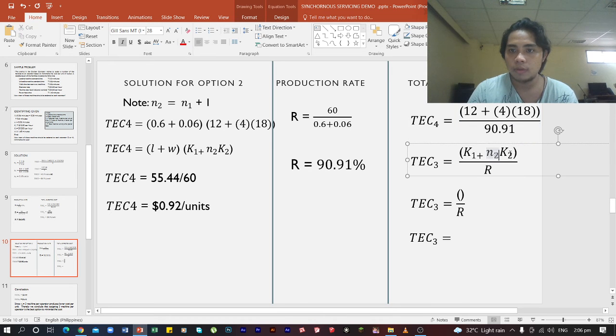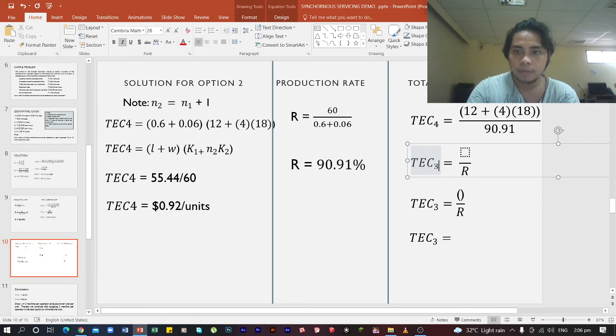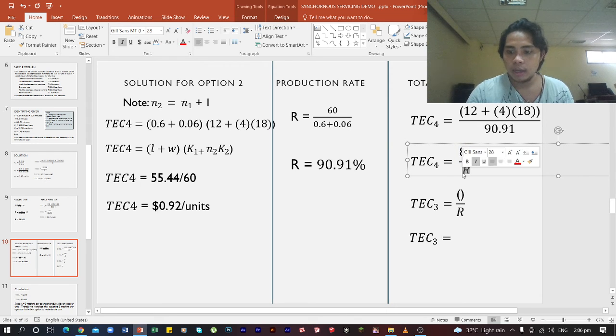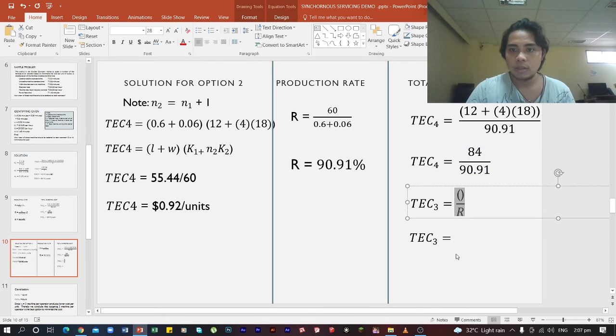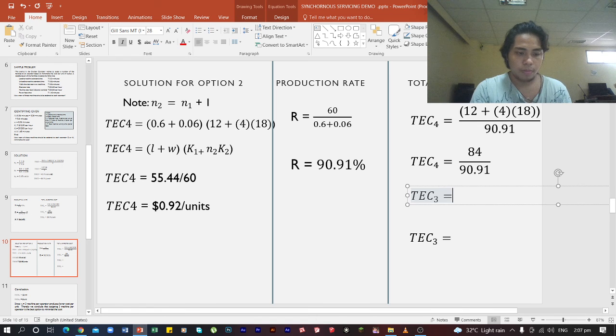So 12 plus 4 times 18 is equal to 84, divided by 90.91%, which is 0.92 per unit.